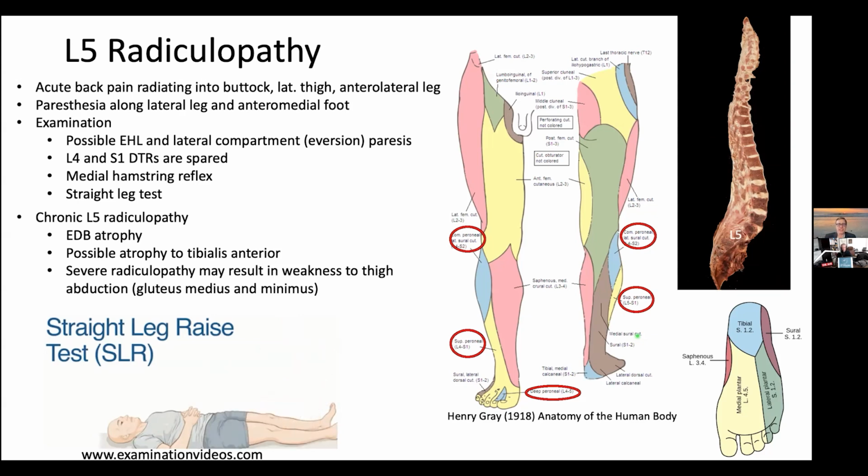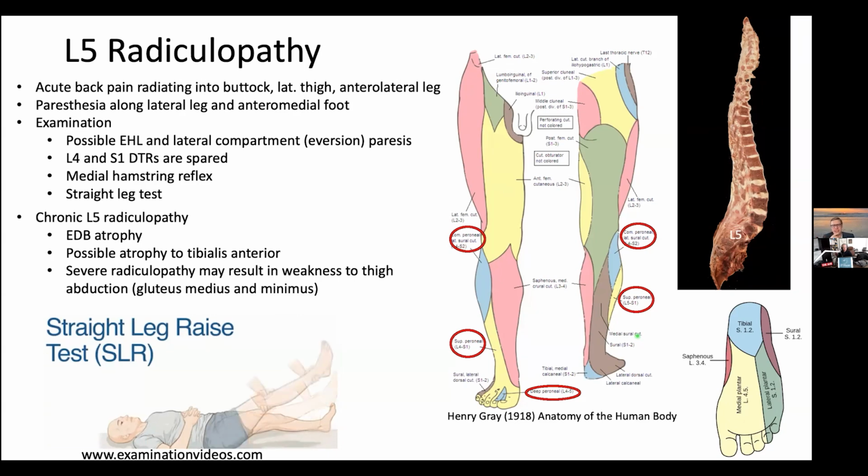the L5 radiculopathy oftentimes will be in the pattern of the common superficial and deep fibular nerves. And so it can be differentiated from those peripheral neuropathies by additionally having radiating pain from the buttock down the lateral thigh. They will often exhibit weakness, oftentimes in the extensor hallucis longus and in the lateral compartments.